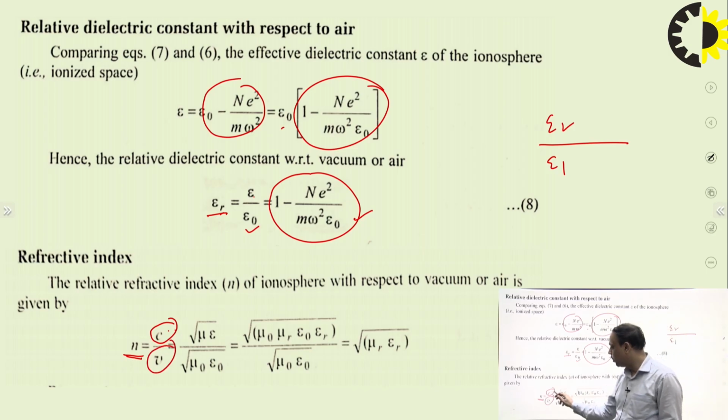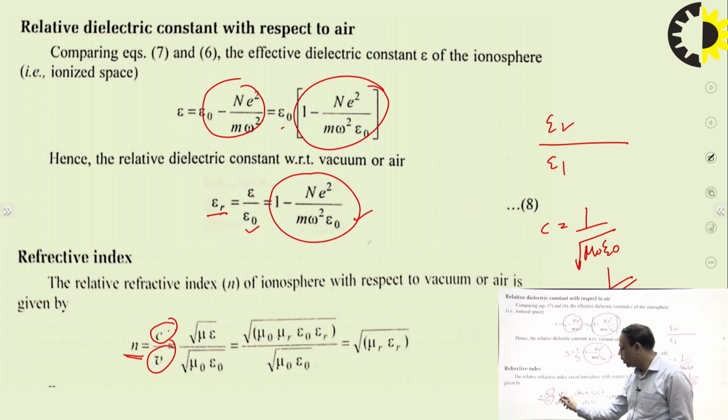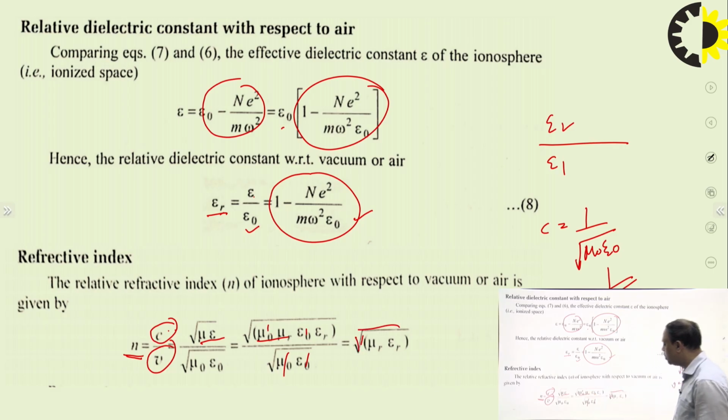This velocity is given by c equal to 1 upon the square root of mu naught epsilon naught, and v equal to 1 upon the square root of mu times epsilon. So if we put these values, v is the square root of mu epsilon, c is the square root of mu naught epsilon naught, and with epsilon equal to epsilon naught epsilon r, these values get cancelled out, and we have the refractive index proportional to the square root of mu r times epsilon r.